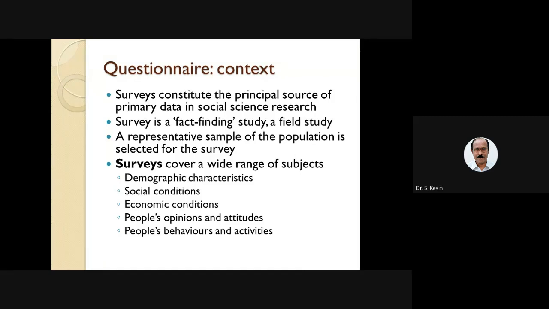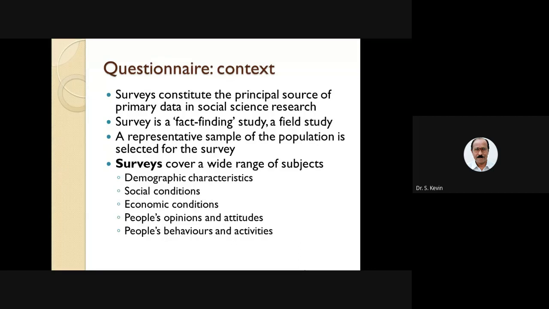Similarly, we may have to understand people's behavior, people's activities. So how do they perform their job? How do they behave in the organization? How do they interact with the other people, their colleagues or their superiors, their subordinates? What is their behavior pattern? What are their different activities in the job?